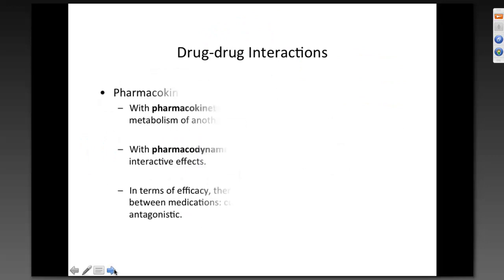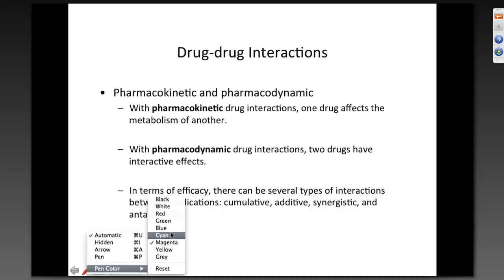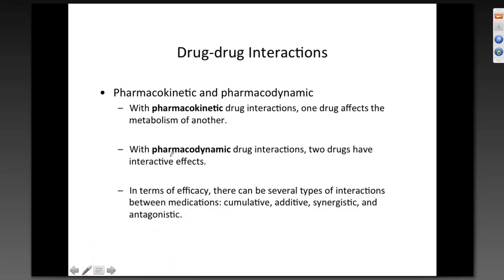All right. Now, drug-drug interactions. So, remembering back to pharmacokinetics and pharmacodynamics. The way I remember dynamics, pharmacodynamics is what the drug does to the body, okay?